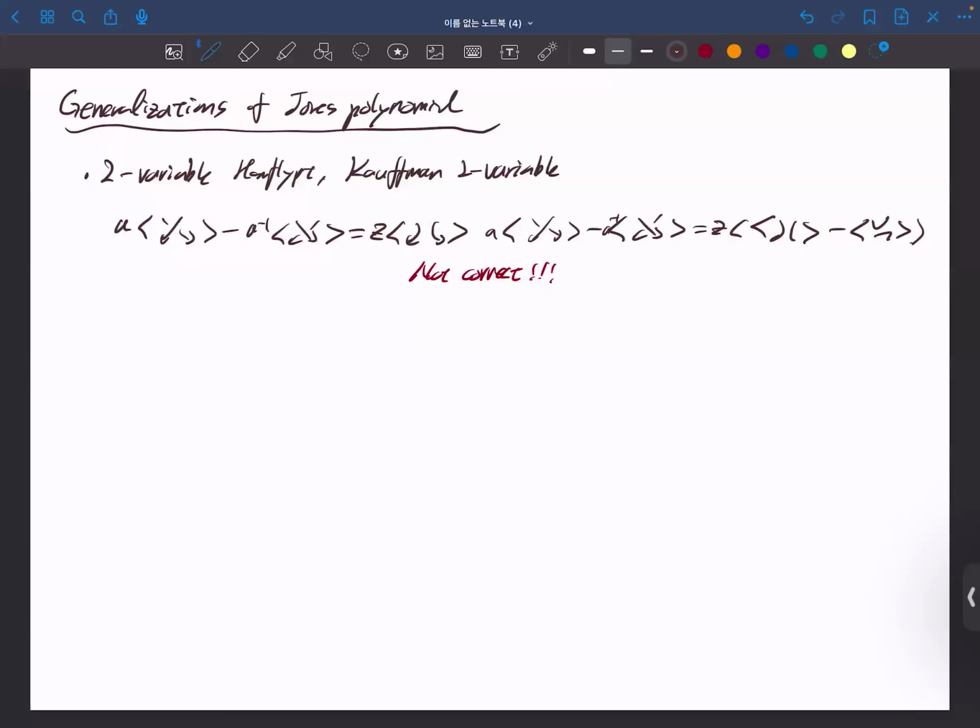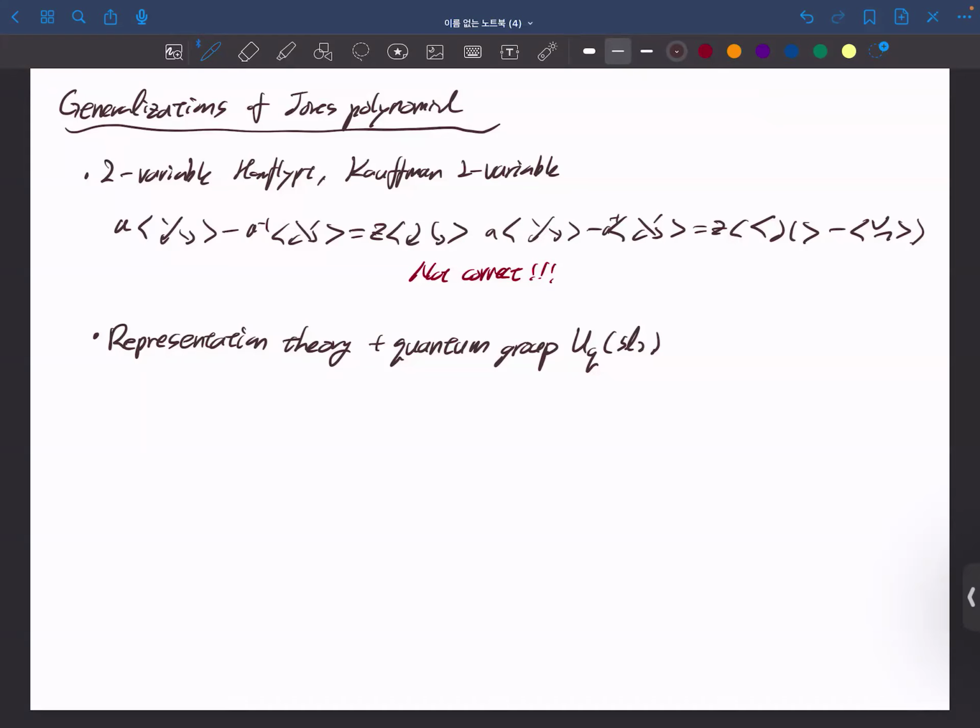And the second way is what we want to do, which is the colored Jones polynomial and the Reshetikhin-Turaev invariant, which I will introduce next time.